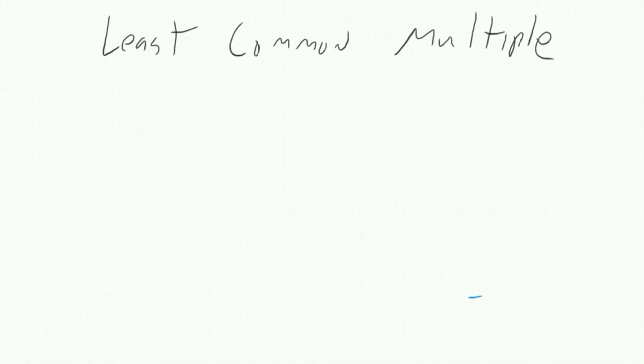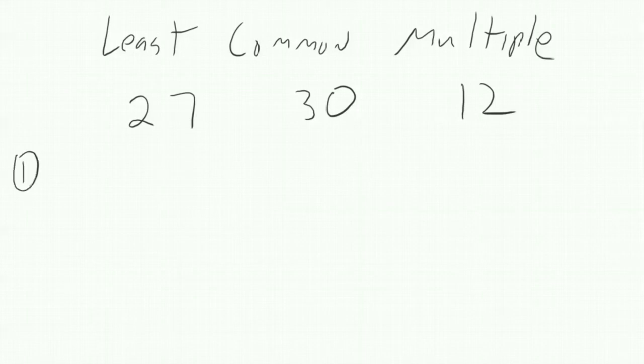So say we have 27, 30, and 12. If I'm asked to find the least common multiple, I'm asking, what is the smallest number that all 3 of these numbers can go into? Well, if I multiply them all together, that is a common multiple, but it's not the least common multiple. I need the smallest. So step 1, build your prime factor tree.